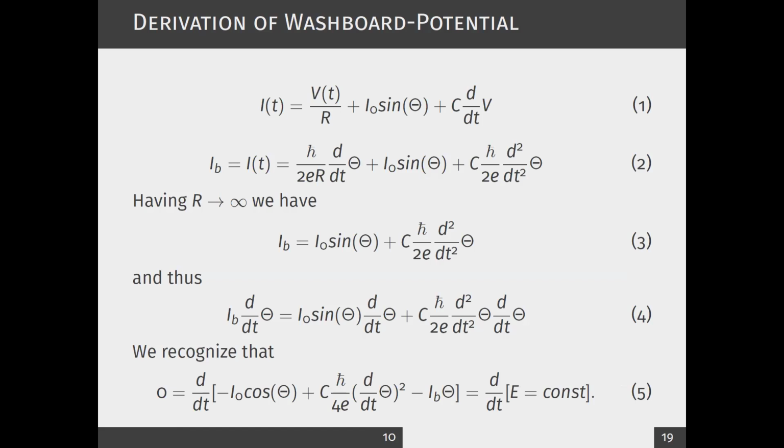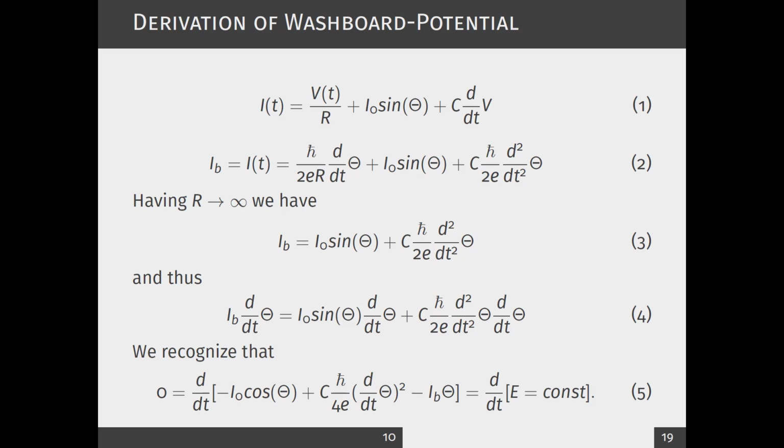So yeah. Now I want to come to this washboard potential concept, and essentially we start from this two fluid model. Then the total current flowing via the system is given by I_T.